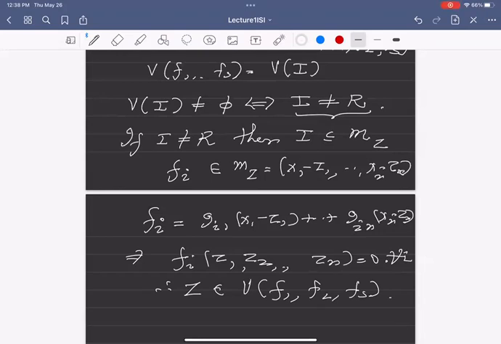A system of polynomial equations has a solution if and only if the ideal generated by F1 to Fs is not the whole ring.